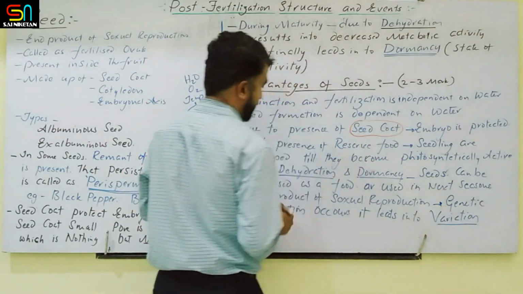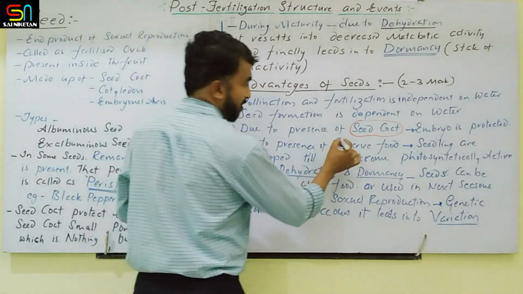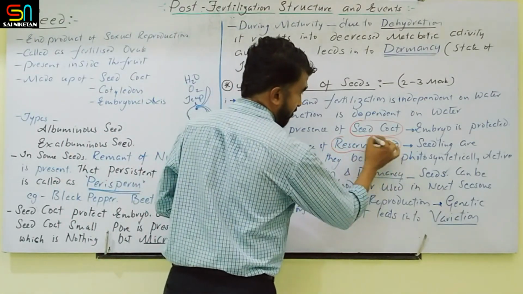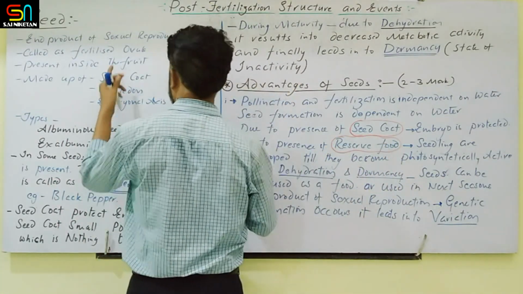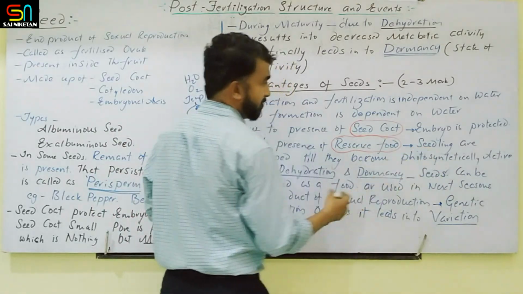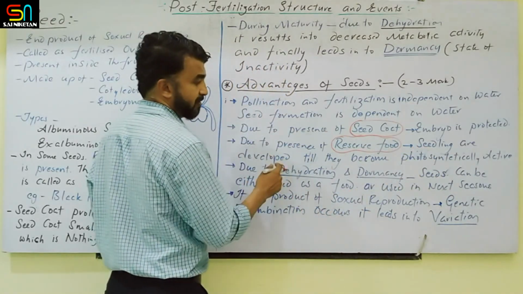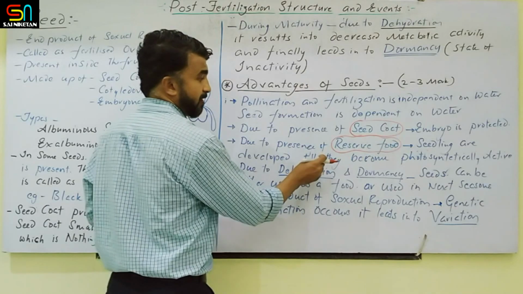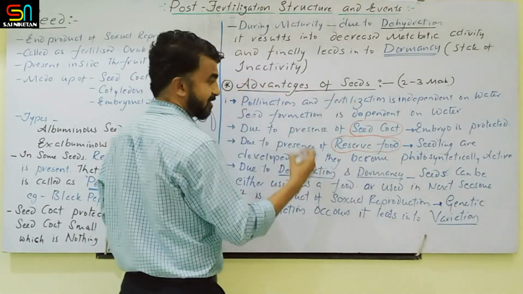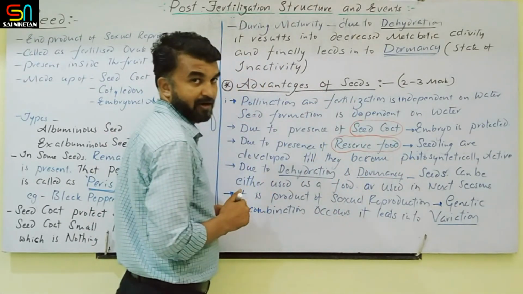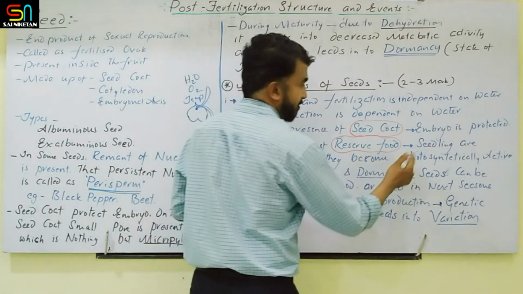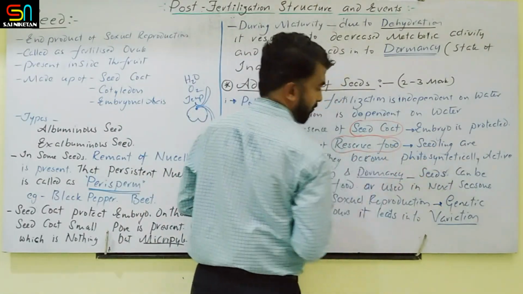It is one advantage. Second, due to the presence of reserved food material, either in the form of cotyledon or the endosperm, the seedling will develop. Clear? Till they produce the first leaf, the reserved food material is used. So gradually they become photosynthetically active.